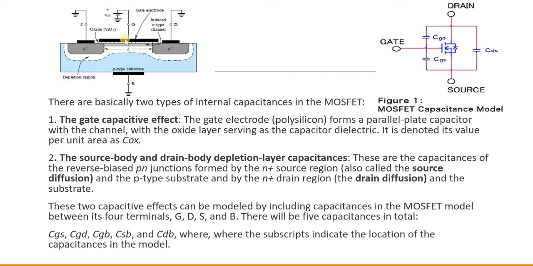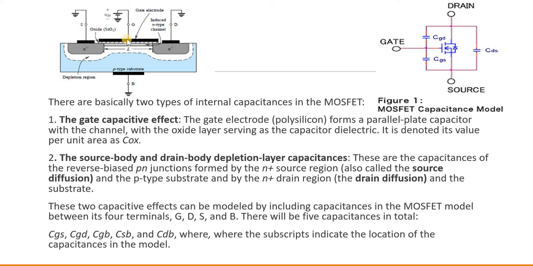This is the gate electrode, and after that there will be an oxide layer, and below the oxide layer we have the channel, that is the induced N-type channel. So this gate electrode forms a parallel plate capacitor with the channel, with the oxide layer serving as the capacitor dielectric.